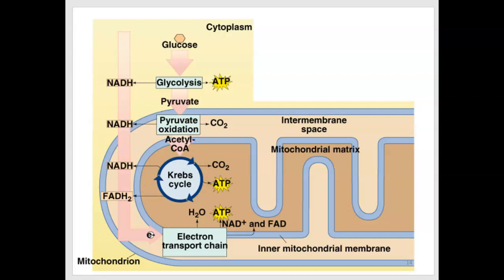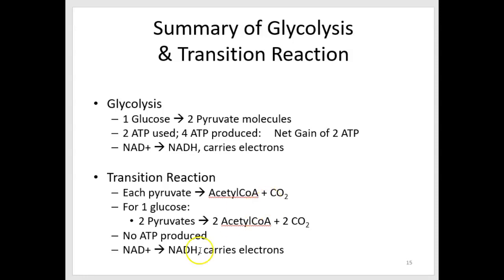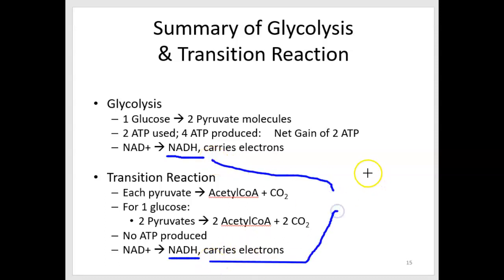So glycolysis and the transition reaction both produce NADH. These NADHs we don't worry about yet, but those electrons that they're carrying will go to the electron transport chain. I call it the ETC.